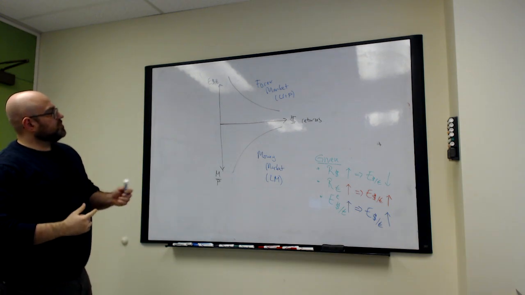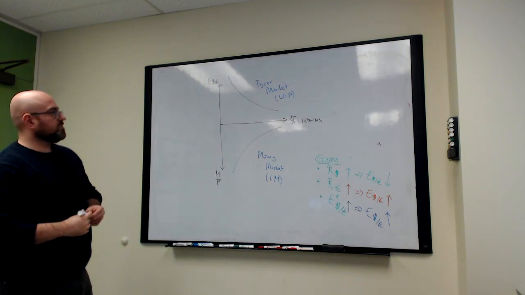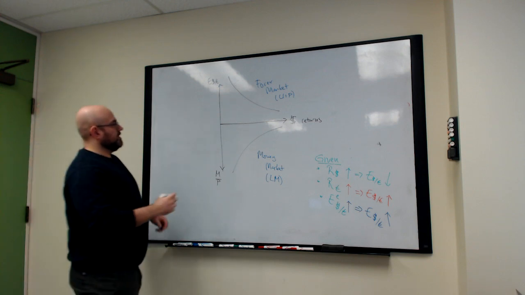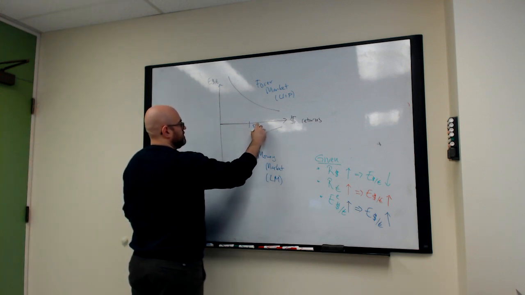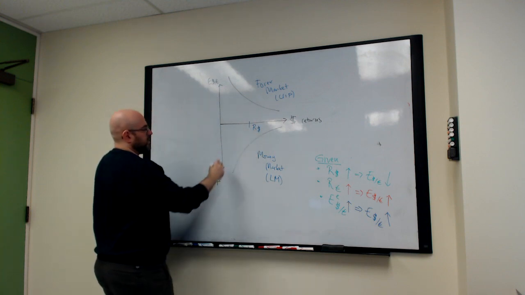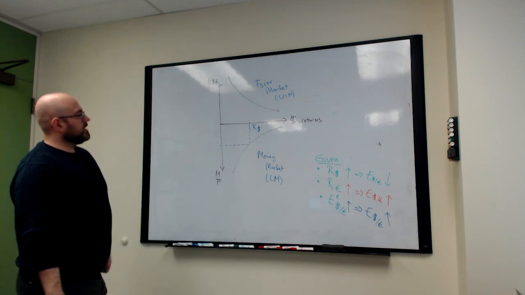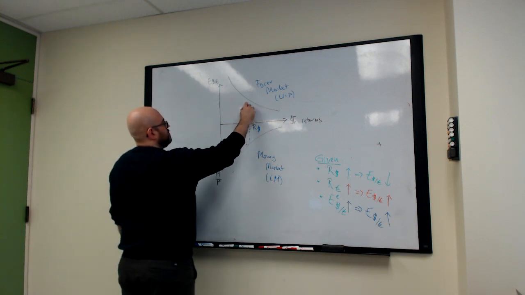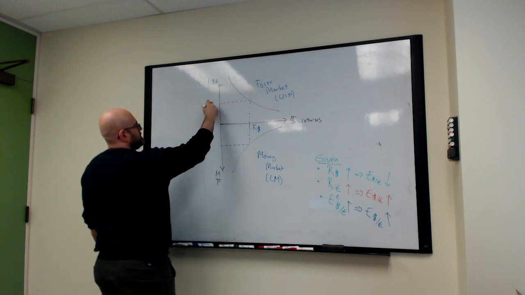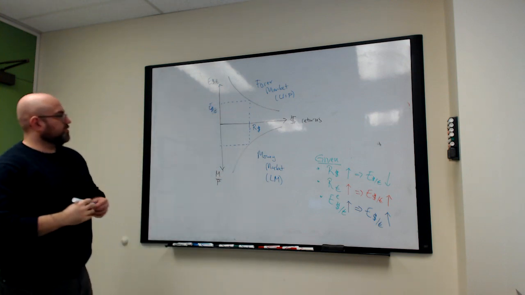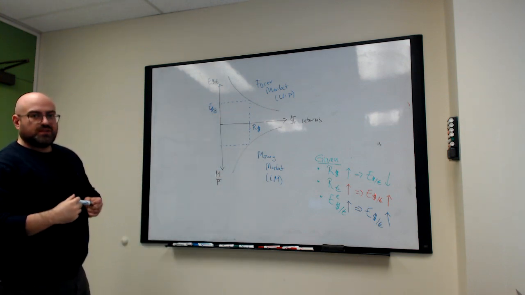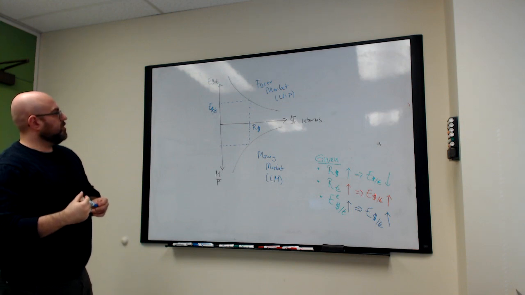And the way these two things connect is through interest rates in the US. So the way to think about it is that the interest rate in the US will be determined by clearing of the money market, and in turn the US interest rate, given the interest rate in Europe and beliefs about future exchange rates, will determine the nominal exchange rate today.